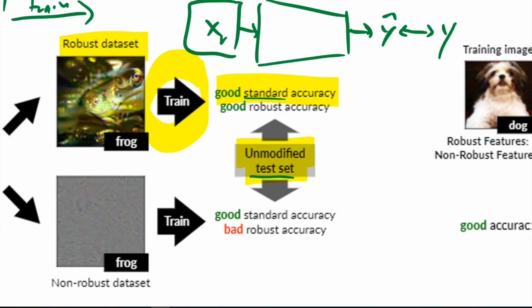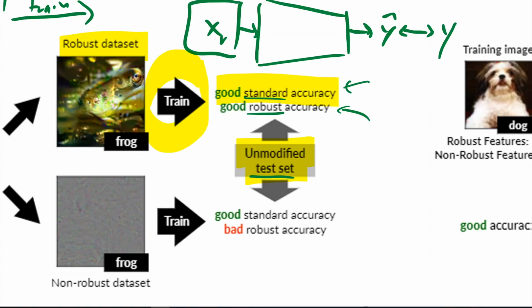That's standard accuracy: how well do I classify an unmodified test set. They also obtain good robust accuracy. What is robust accuracy? Robust accuracy means your accuracy on adversarial examples of the test set. Usually classifiers are vulnerable to this. Classifiers usually obtain good standard accuracy, but bad robust accuracy.